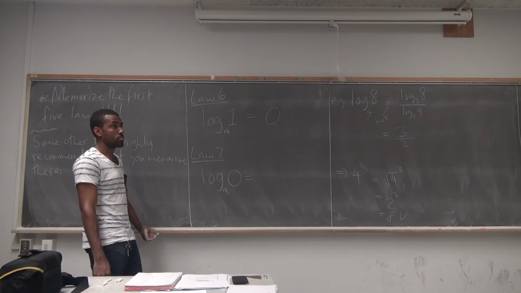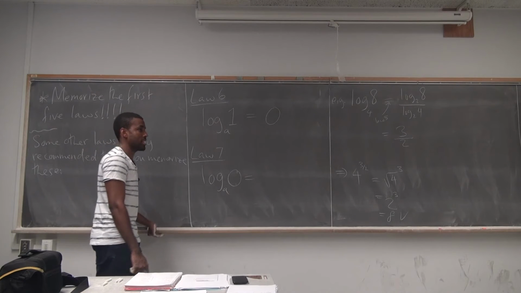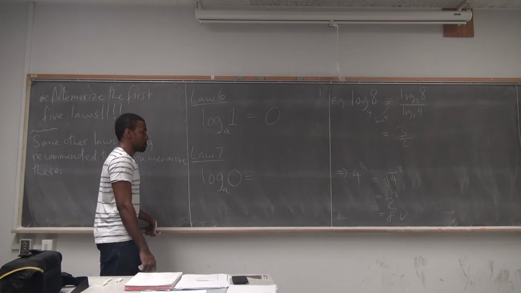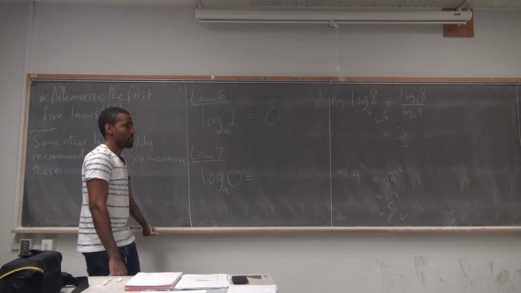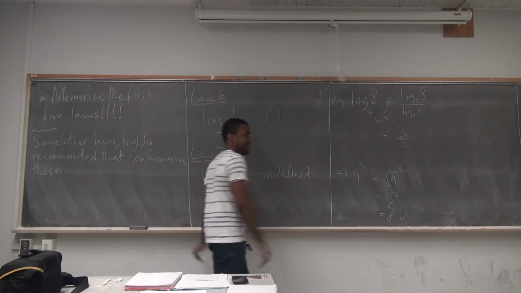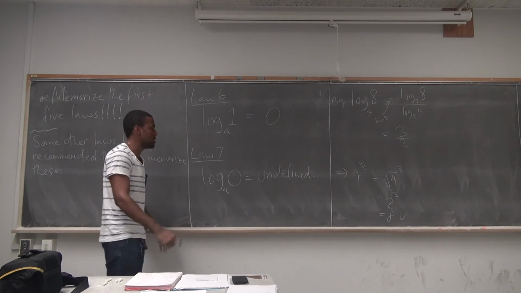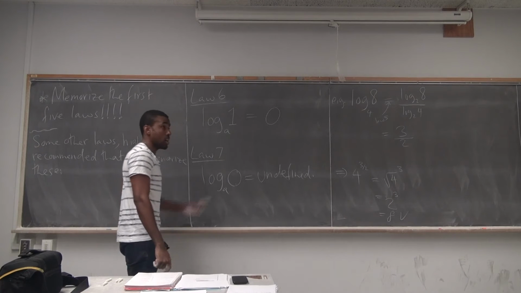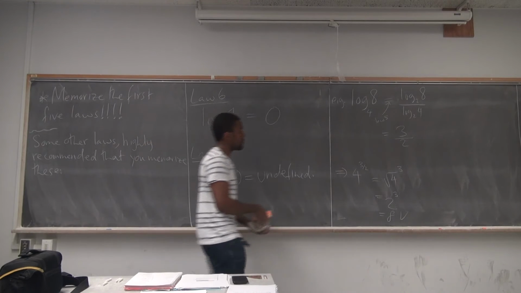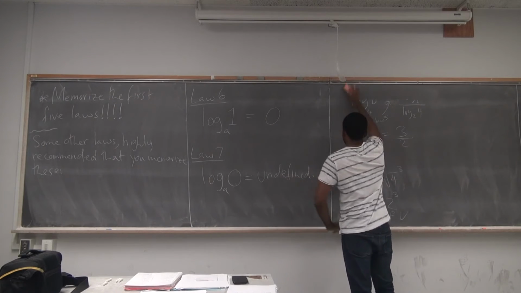What power of 2 gives me 0? 2 to the negative 1? What's 2 to the negative 1? Laws of exponents says that's a half. That's not 0. It's a trick question. It's undefined. There's nothing I could raise 2 to get 0. The base is 2. It's never going to be 0. Log of 0 does not exist. And we'll talk about the graphs of log soon, and you'll see why. So log of 0 actually doesn't exist. But log of 1 is always 0. No matter what the base is, you're going to put 0 as the answer.